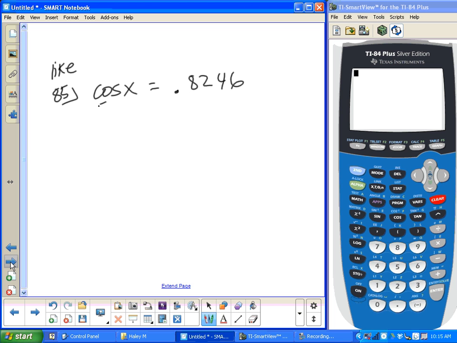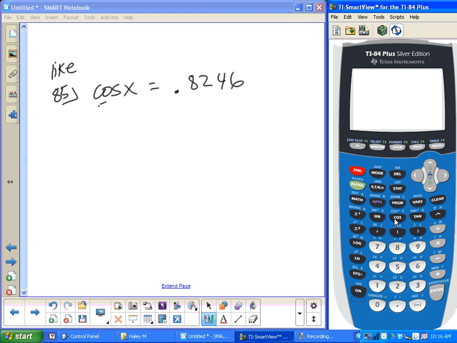Now you don't divide by cosine, you use something else, the inverse. Okay, so we do the inverse cosine. Now secant is the reciprocal. The inverse of cosine is inverse cosine. Inverse cosine on my calculator looks like cosine to the -1. So all I have to do to get one of the answers is just do inverse cosine of this number.